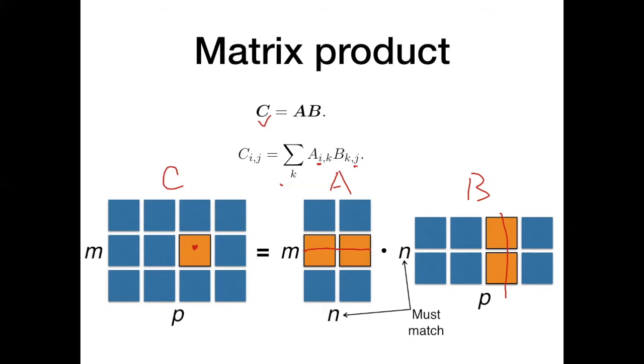In the matrix product, we must guarantee that the number of columns of A is equal to the number of rows in B. Otherwise, we cannot do the matrix product between two matrices.